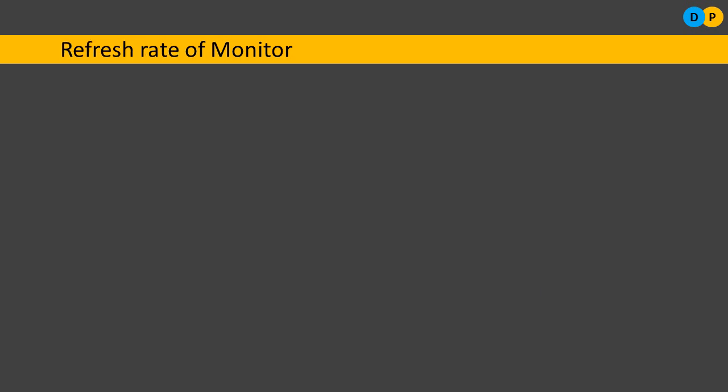The next thing is the refresh rate of a monitor. This is very, very important. What do you mean by refresh rate? Refresh rate is nothing but the number of times an image is redrawn per second. As I said, how is a picture represented over the screen?